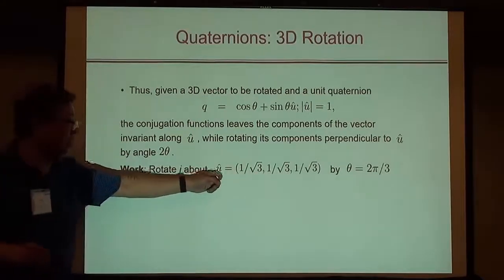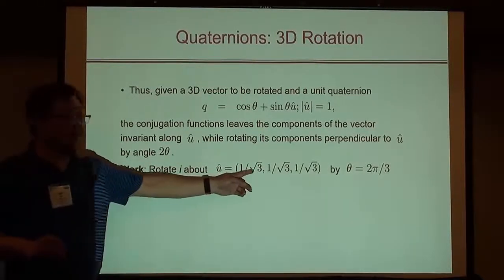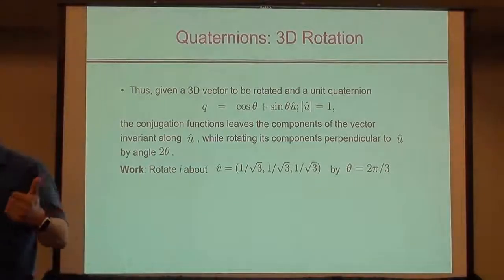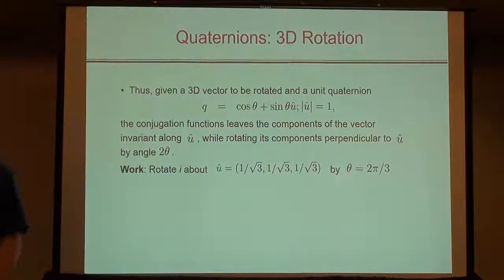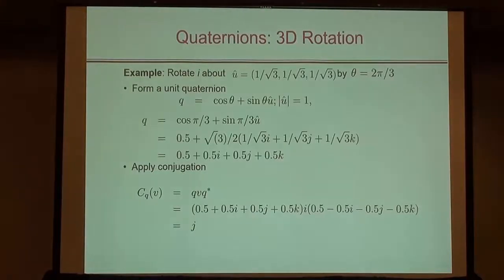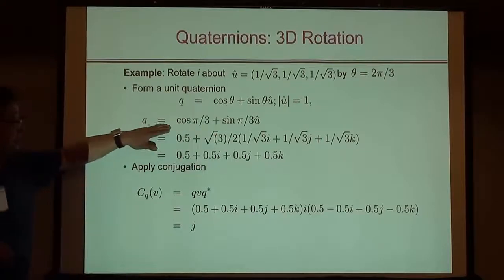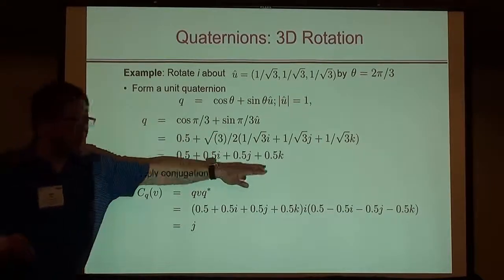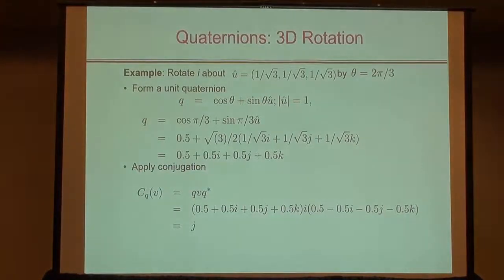This is a unit quaternion that represents the rotation axis, and theta is a rotation angle, and we can use that to form a unit quaternion. The length of each component happens to be the same. It's a nice number to work with.